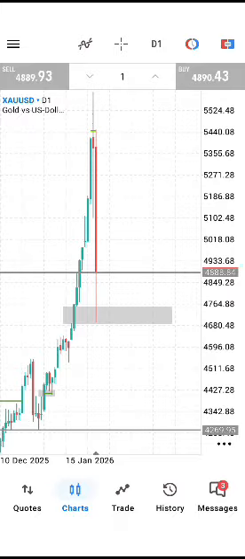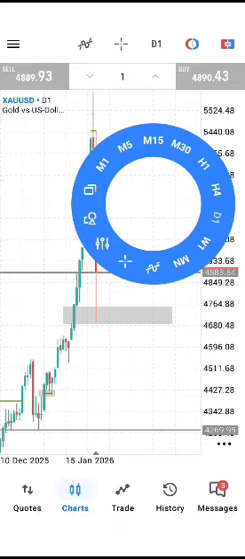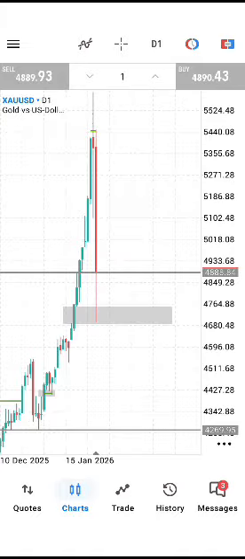If you are not careful, you won't know when that sudden fall will occur. That is why you need to be very careful when trading gold, because gold is one of the most volatile pairs. Though it belongs to commodities, that is why you need to be very careful.